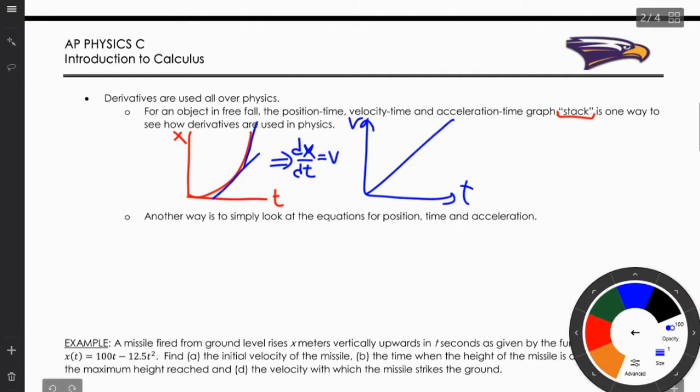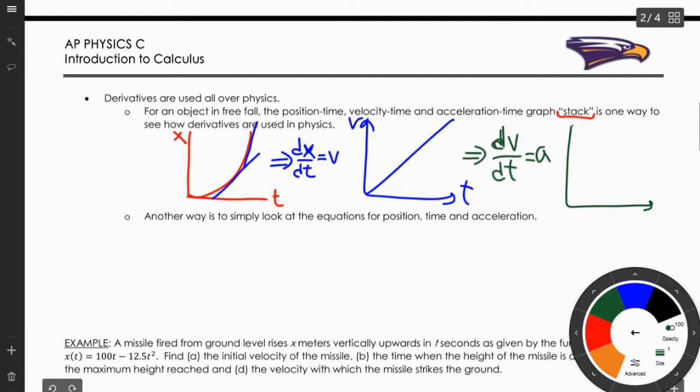And so remember, parabola goes to line. So the velocity is the derivative of the position function. Well, if I do the same thing here for velocity, remembering the meaning of the slope, if I do dv dt, I'm finding the acceleration.